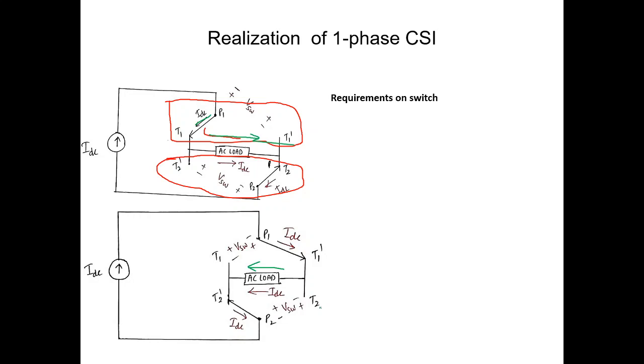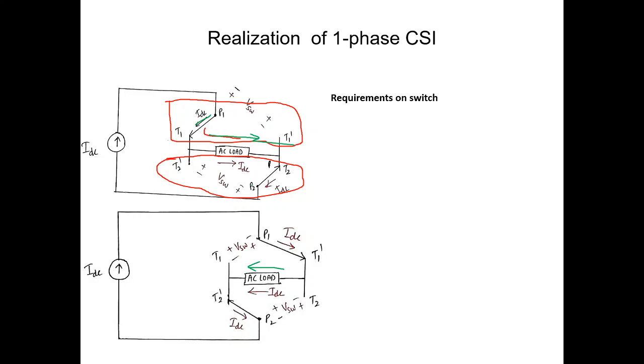Now if you see, we require two SPDTs, single pole double throw switches. This is switch 1 and this is switch 2. And what should be the requirement on the switches?